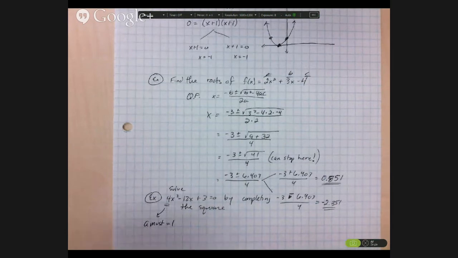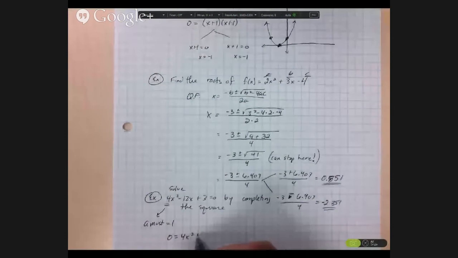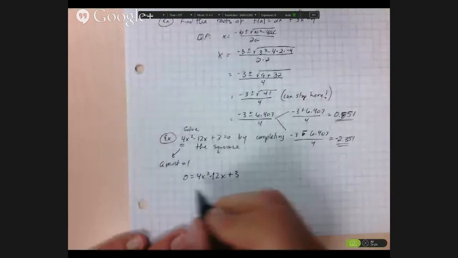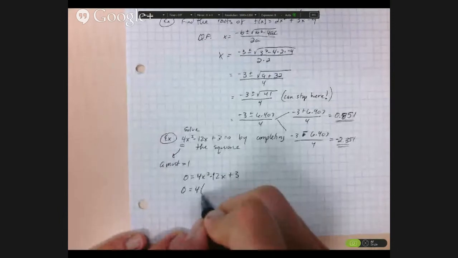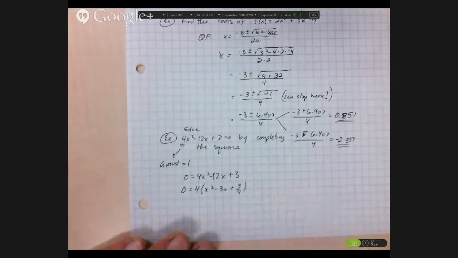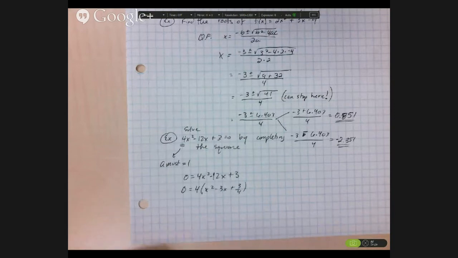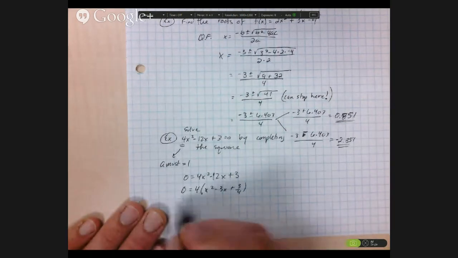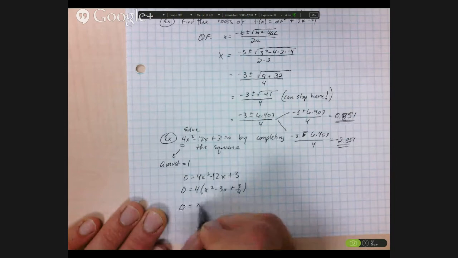So we have to pull it out. 0 equals 4, x squared minus 3x plus 3/4. Beautiful thing is, if we divide by 4, it just goes away.